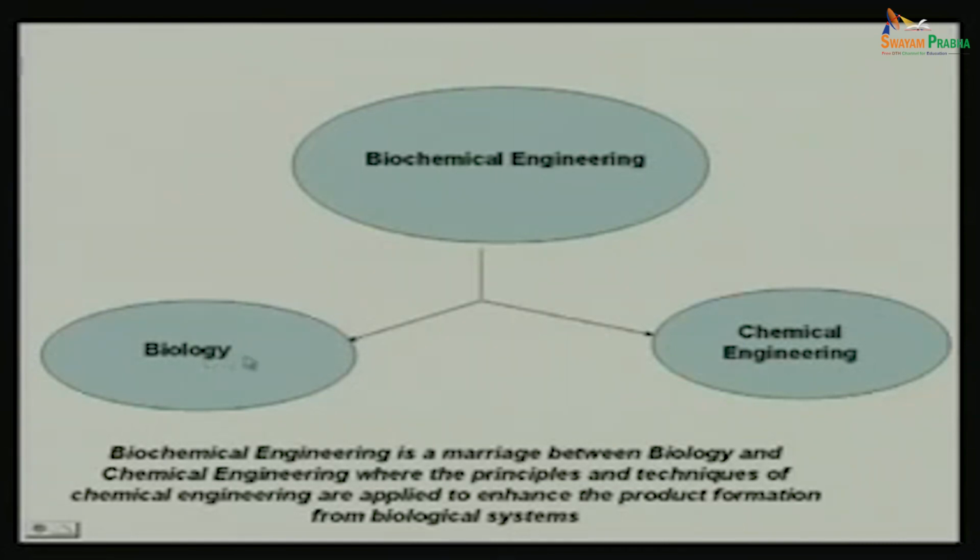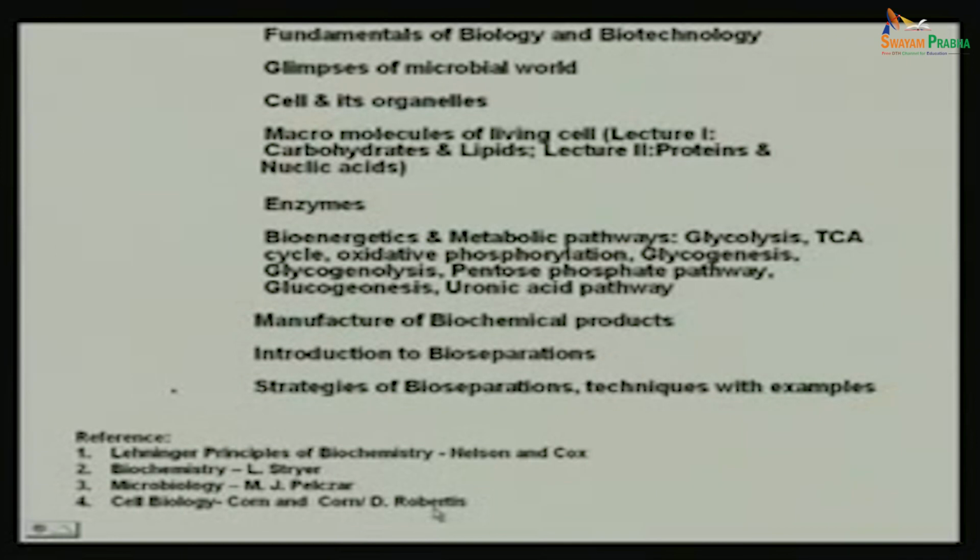If we define this particular subject, it is a fusion of biology and chemical engineering, where the principles and techniques of chemical engineering are applied to enhance the product formation from the biological system or the living system. In this particular course, I will be mainly concentrating on the biology part.